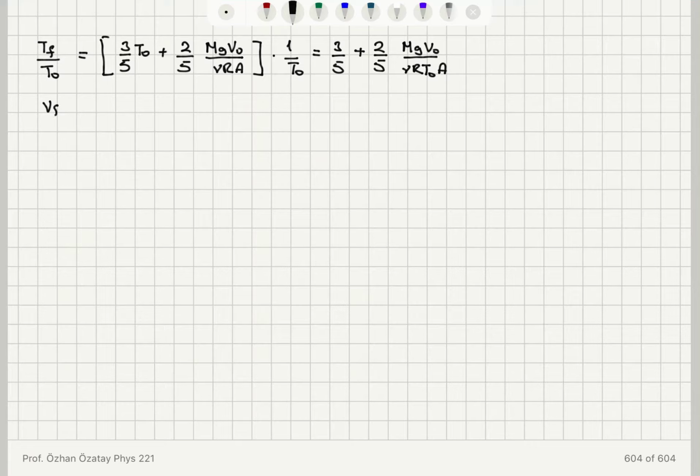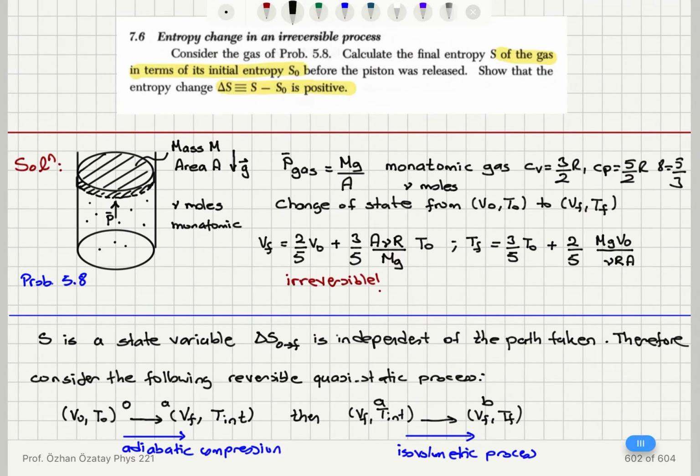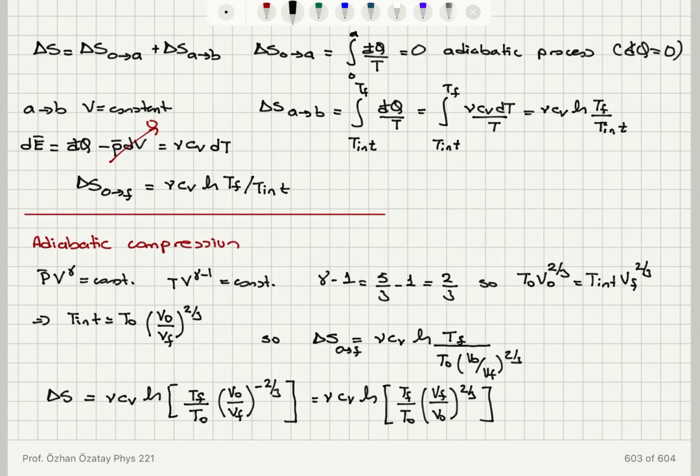And for V final divided by V0, I have V final from problem 5.8 here, 2 over 5 V0 plus 3 over 5 A nu R T0 over mg.